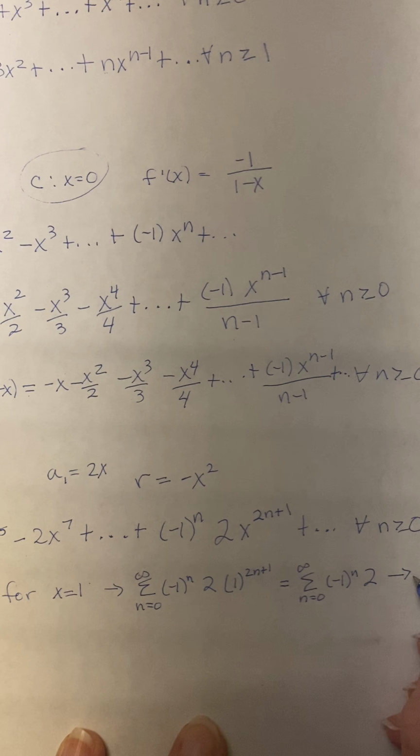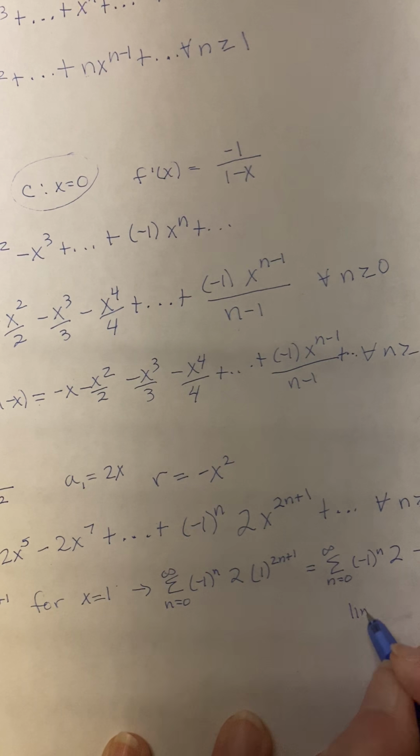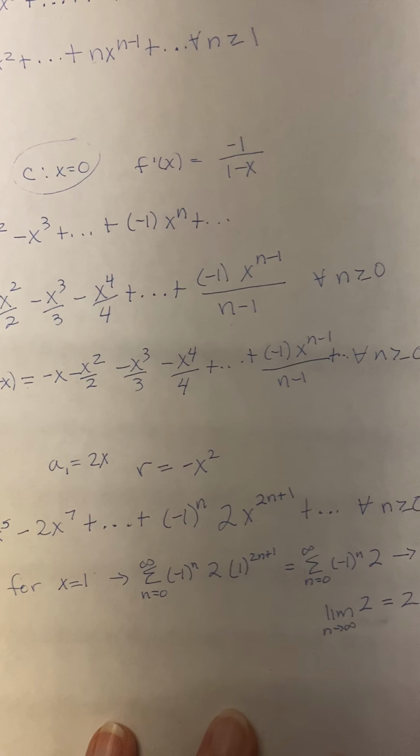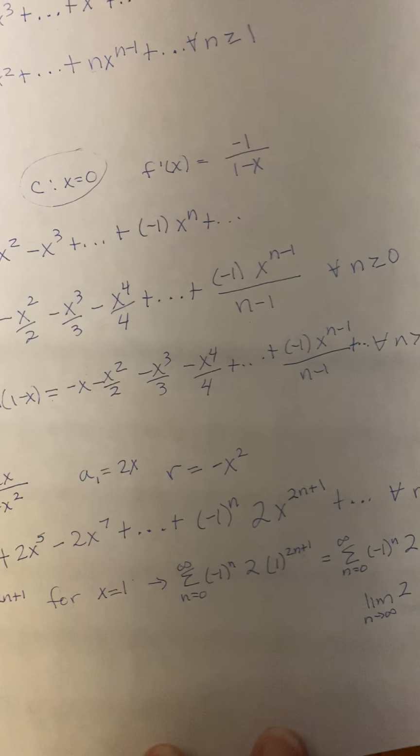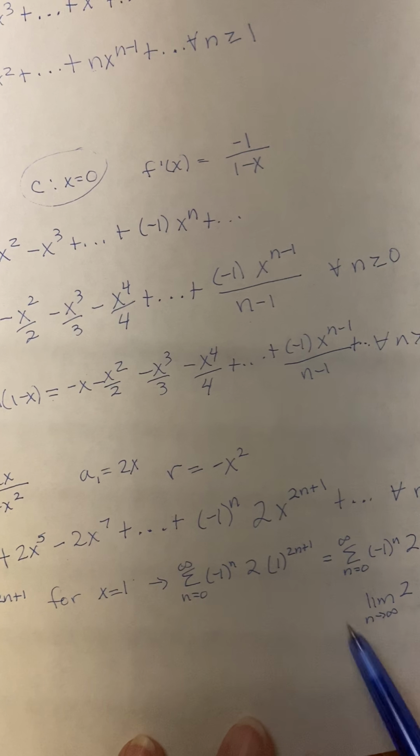This is always going to be, if we took the limit, and remember if we're doing alternating series, we're just going to think about this as n goes to infinity. This is 2. That is not 0. So now I can say that this guy diverges, but not by alternating series, right?